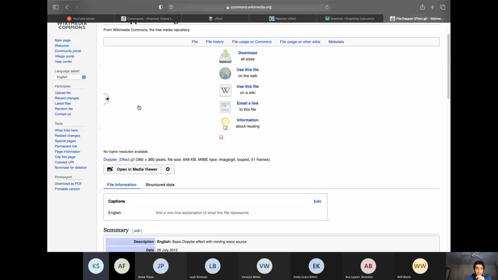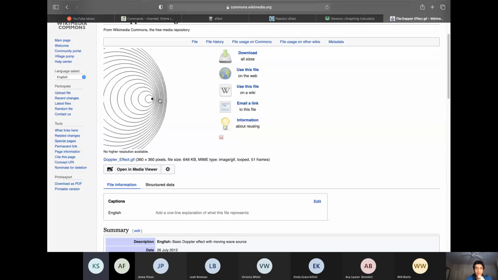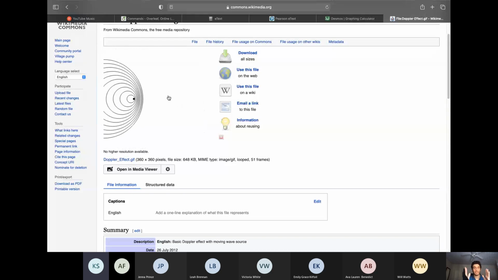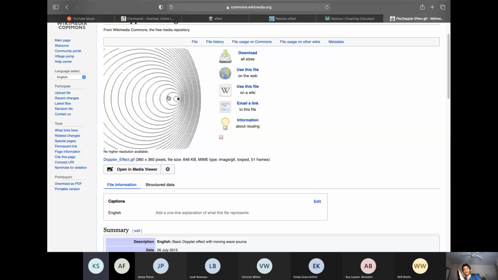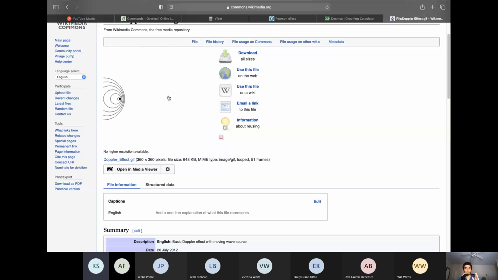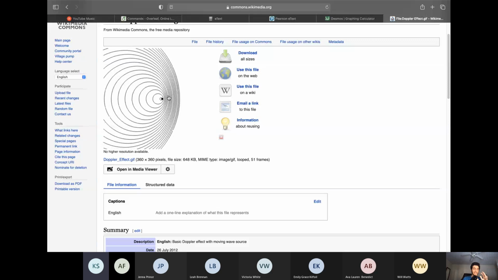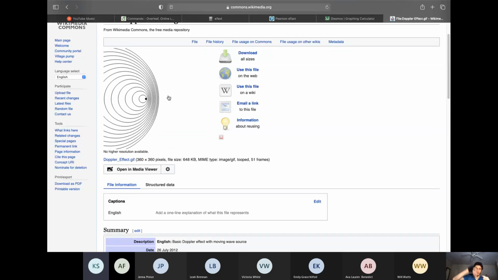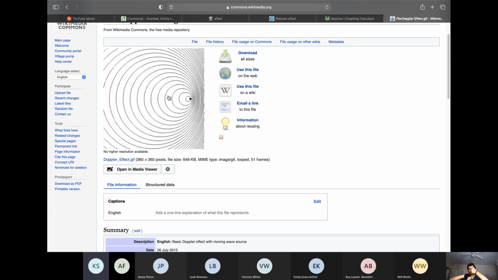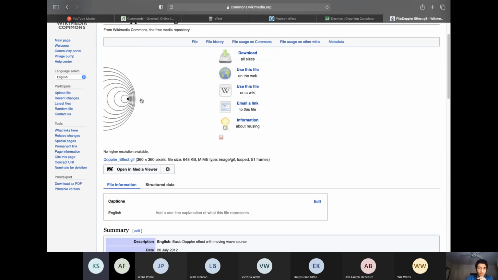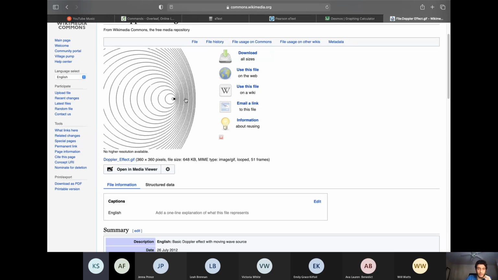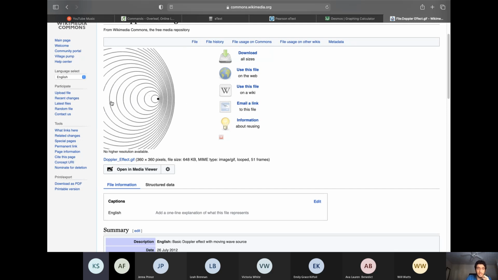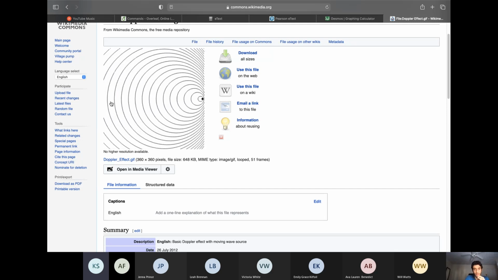As it goes, the waves in the front get closer together, which means their wavelength decreases. Since the speed of the wave is constant, if the wavelength decreases, the frequency has to increase. So if you're standing in front and the source is going towards you, you see a higher frequency. But if you're standing behind it, you receive a lower frequency.